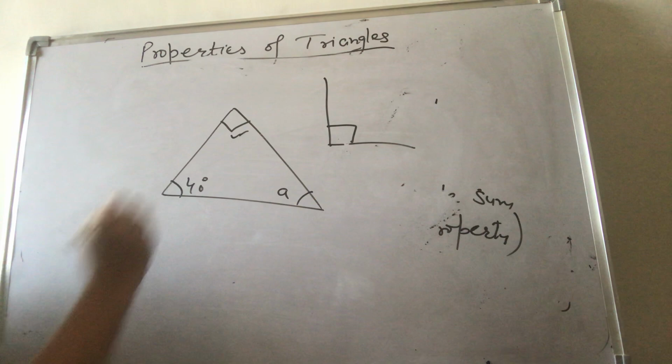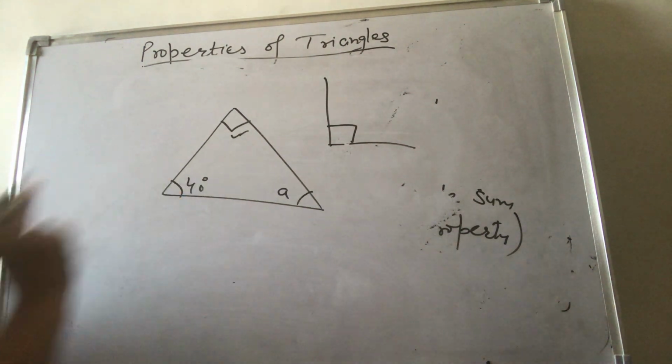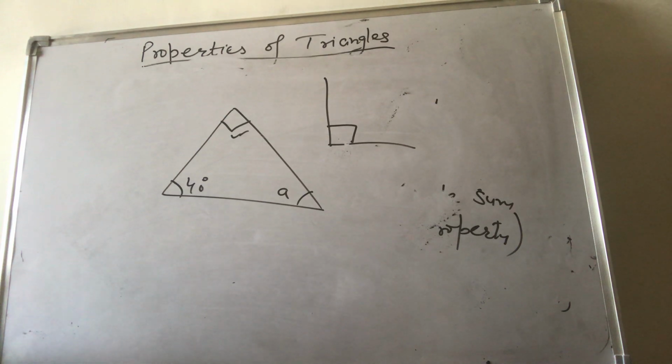So we will take this angle as 90 degree. 90 plus 40 plus A is equal to 180 degree by angle sum property, and we will find the value of A. Same in the D part, we are given the symbol of 90 degree. So you have to be very careful for this symbol. Wherever you will get this symbol, that means it is a 90 degree angle.